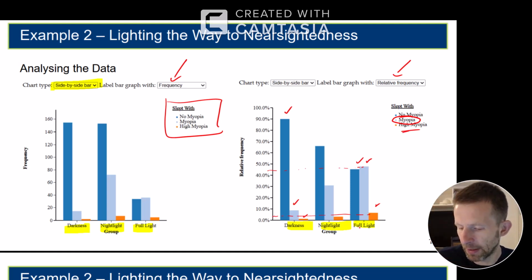So it does seem that for those kids who, before the age of 2, were sleeping in a room that had full light, it had an effect on developing myopia, even with a nightlight. Those are higher than sleeping in full darkness. We can talk about why that is, but for now we just want to look at the fact that there does seem to be something there, which I think would warrant further investigation.